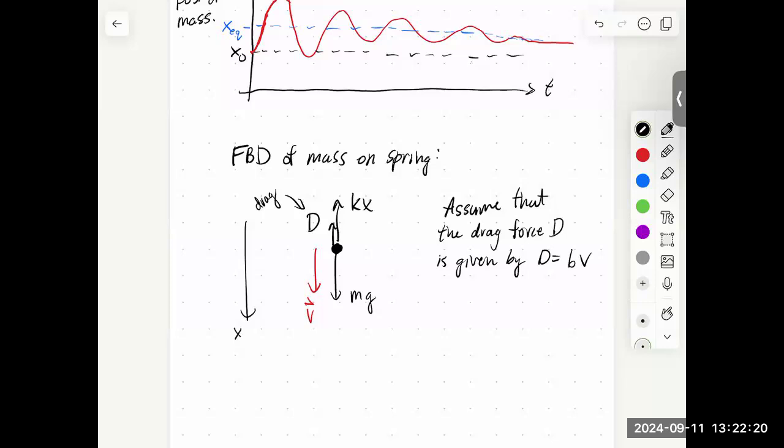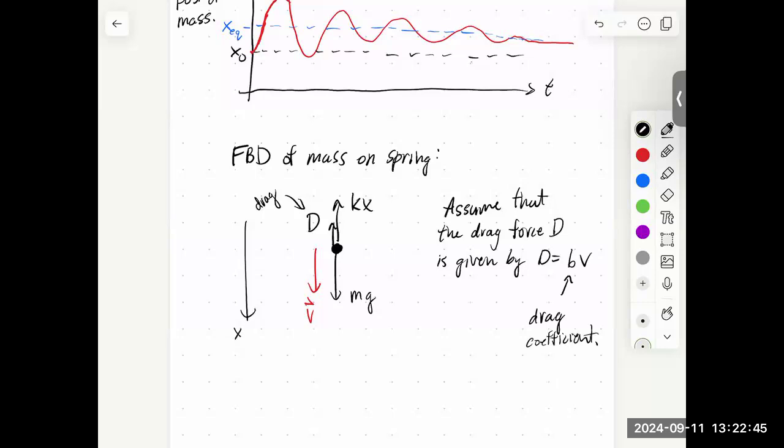And experimentally, I'm not going to justify this, but experimentally, this is what is observed when the speeds are relatively slow. Okay, and so this B is just a constant, and it's going to be our drag coefficient. Okay, so there it is. There's our free body diagram.